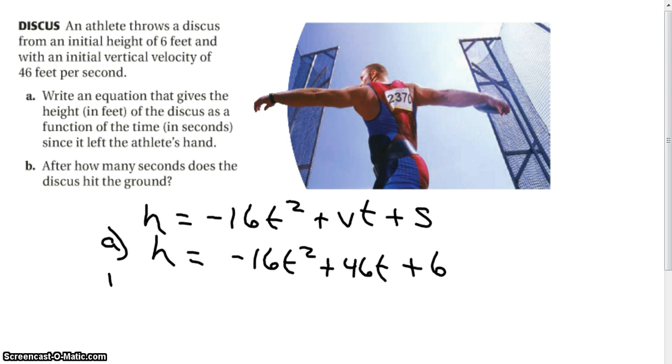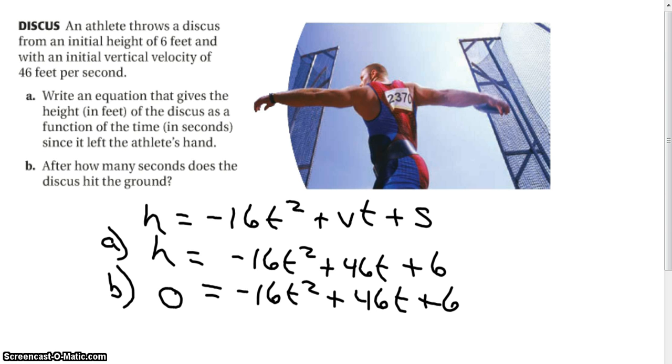But to answer question B, we want to know how long it takes it to hit the ground. So Jack, what do we need to add to this? Good. So hitting the ground would be at 0 out there somewhere. And so here we have our quadratic equation, our trinomial, right? So Jack, what do we do first?